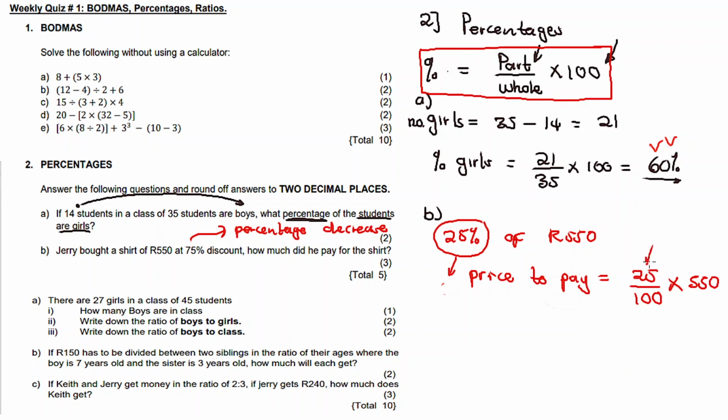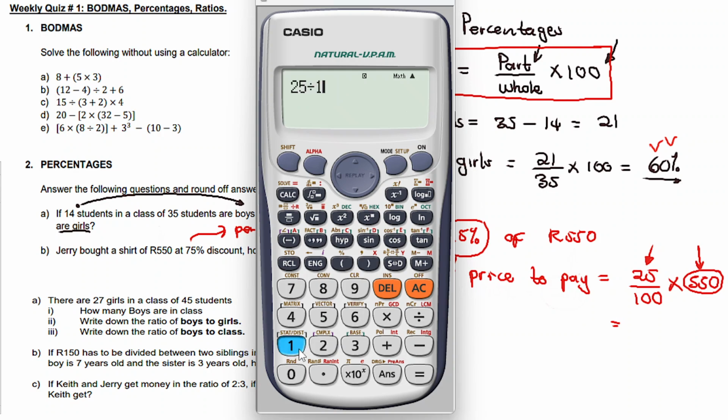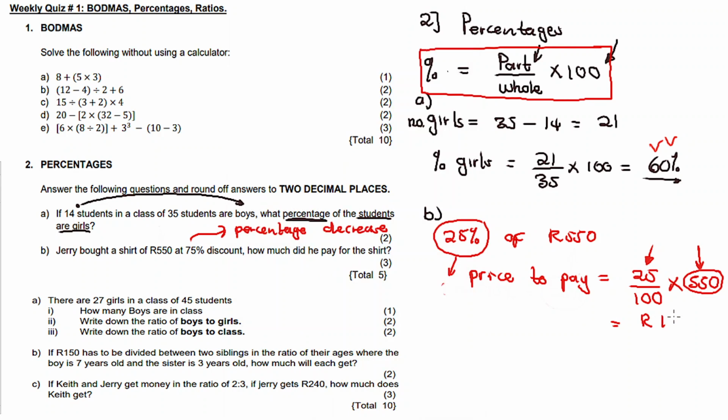So the part is the percentage in question, in this case the discount, and the whole, since we are working with percentages, is 100%. And then you multiply by the original price. So what's the answer? 25 divided by 100 is a quarter, multiplied by 550 is equal to 137.5. This is how much you're going to pay. This is your answer.